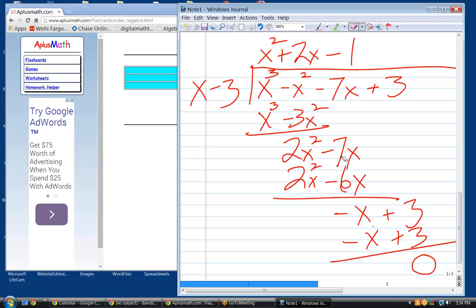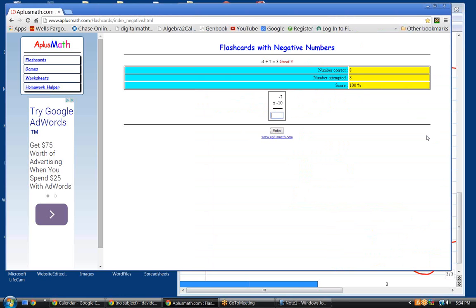We synthetically divide by +3. That allows me to take out all the variables and add instead of subtract. You're basically changing it to an addition problem instead of a division problem. Let's keep doing these.